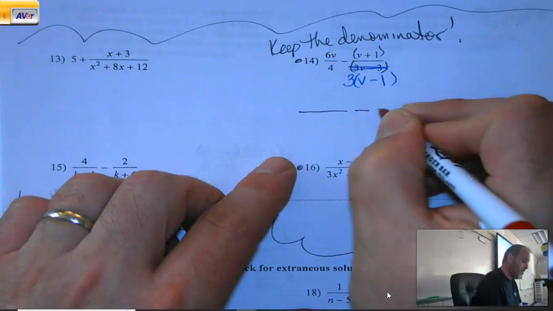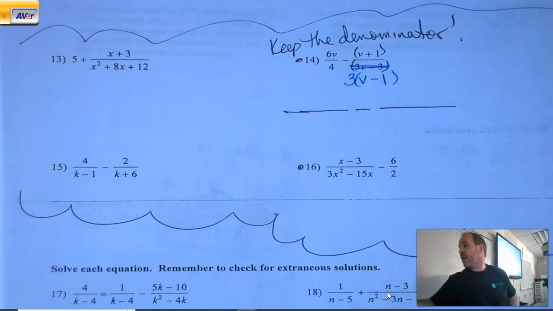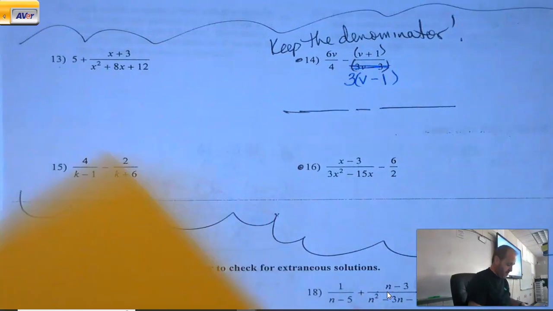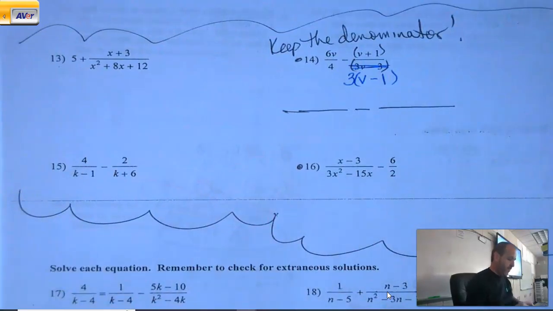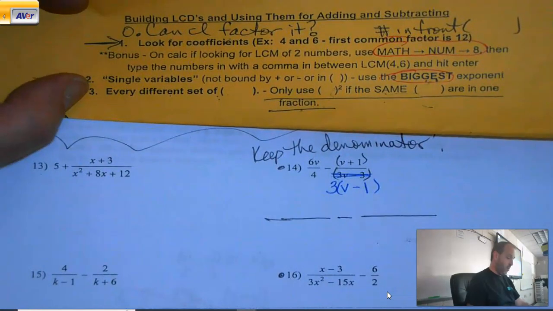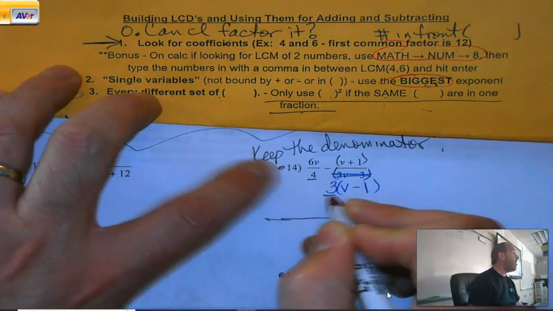So, start running down the checklist. And of course, mine is going to be gone. Oh, there it is. Here, we already did the factoring. Coefficients, 4 and 3.